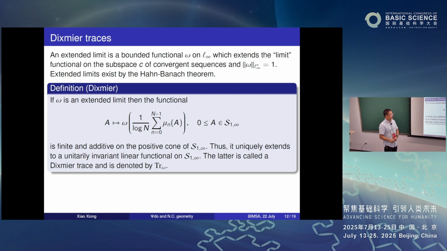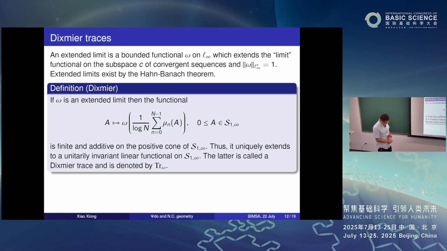For example, imagine that we have a diagonal matrix whose entries are 1, 1 over 2, 1 over 3, and so on, up to 1 over n. Then it is an infinitesimal operator. It is a compact operator inside this Schatten class.